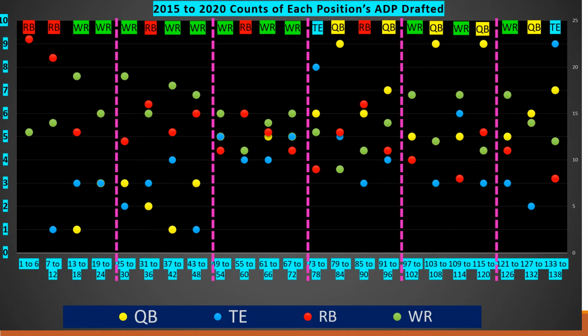If you want to do opposite drafting, you would take a wide receiver, a couple running backs, a wide receiver, another running back, a wide receiver, some more running backs, and probably take a quarterback first, then a tight end, and so forth. So you could plan an opposite draft.